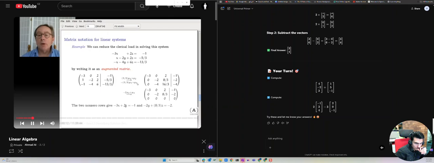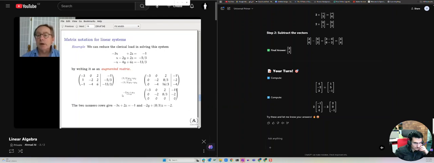And we see the two equations. This abbreviates the two equations: minus 3x plus 2z equals minus 1, there we go for the top, and minus 2y plus 8/3 z equals minus 2, there we go for the bottom.